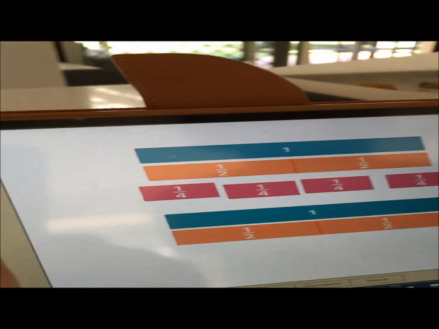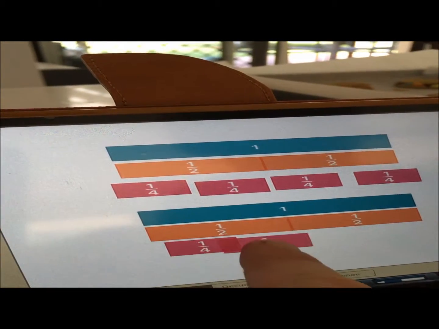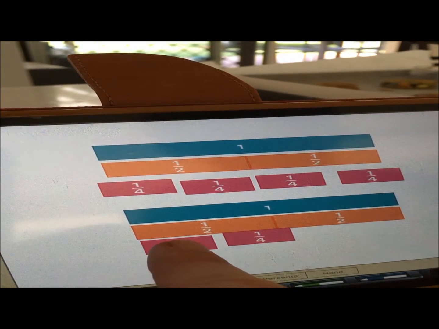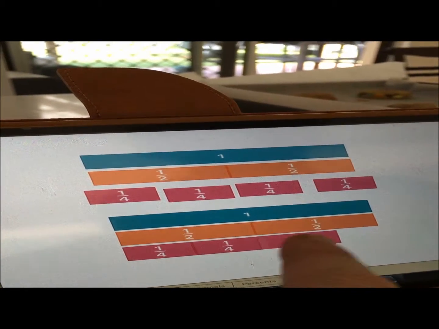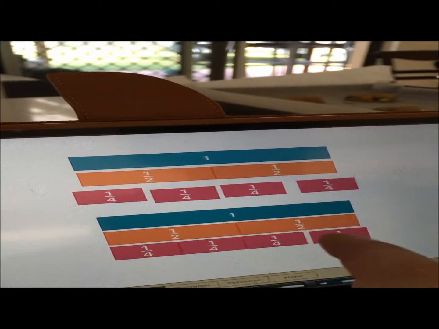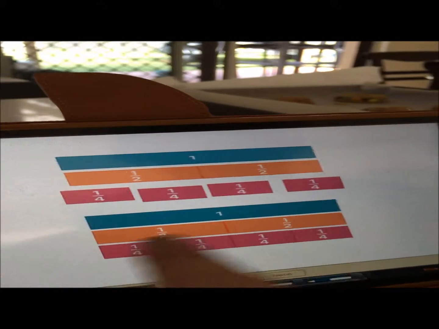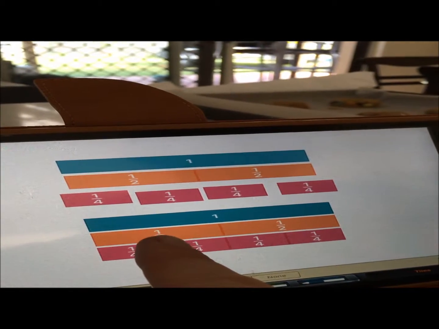Yep. So that means we cut it into quarters. So the 1 over 4 means quarters. Can you say the word quarters for me? Quarters. So see how those quarters fit nicely into the halves? See how 2 quarters, 1, 2, is the same as 1/2? Can you see that?